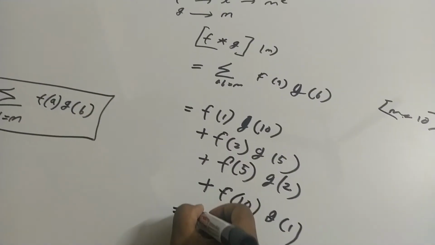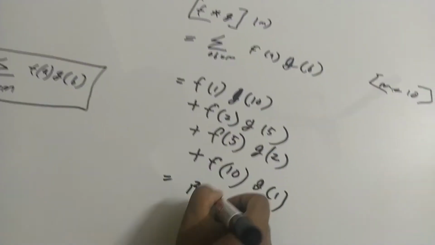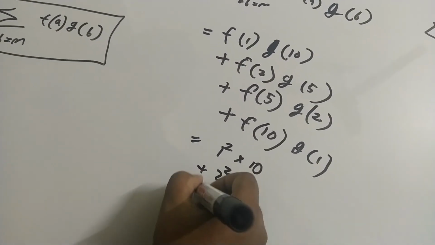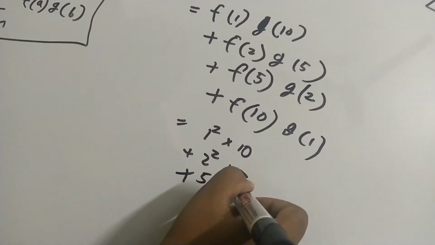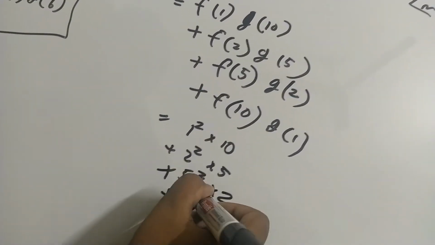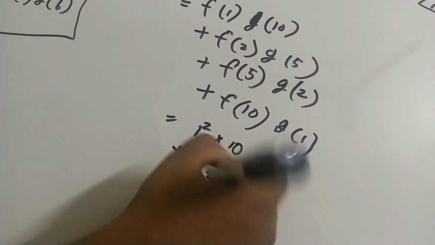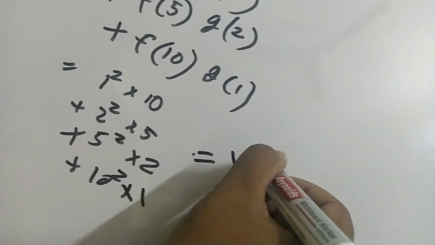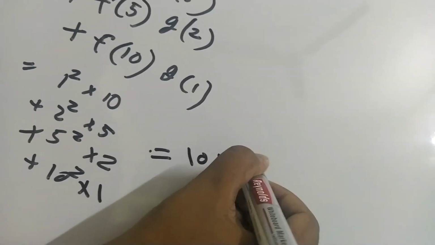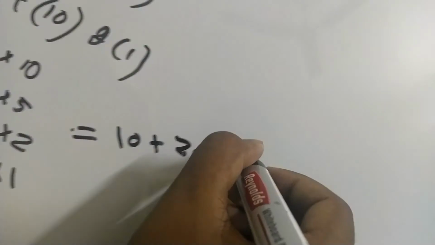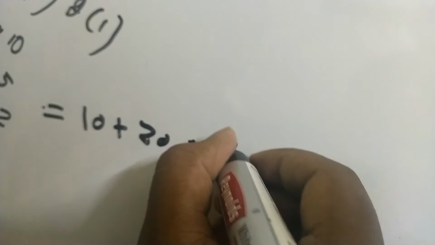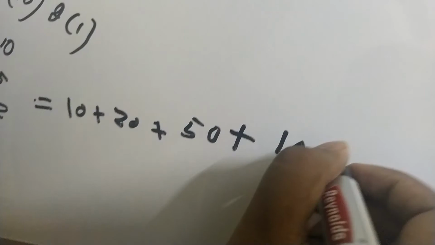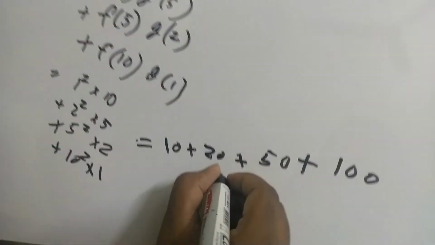You take 1 square times 10 plus 2 square times 5 plus 5 square times 2 plus 10 square times 1, and this is equal to 10 plus 20 plus 5 square into 2 is 50, and then you have 10 square into 1, which is 100. This is 180.